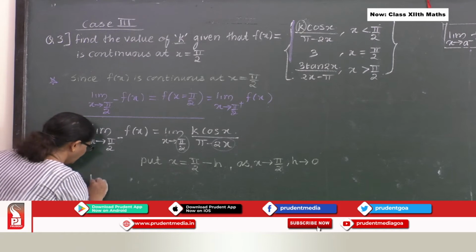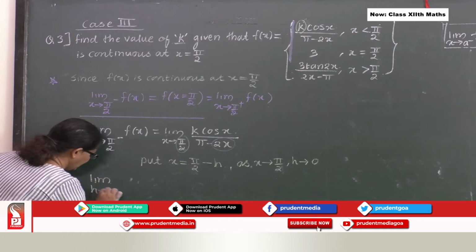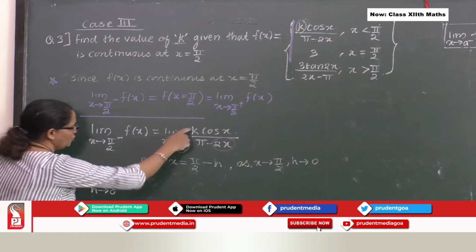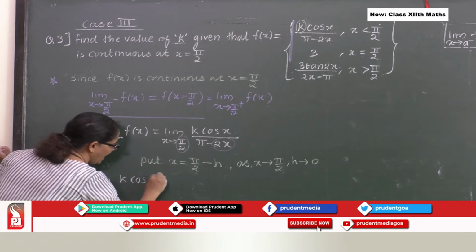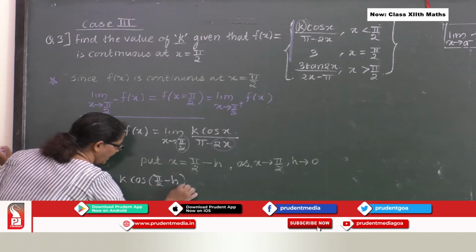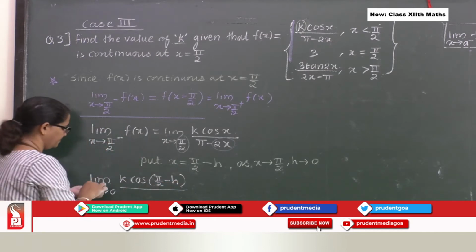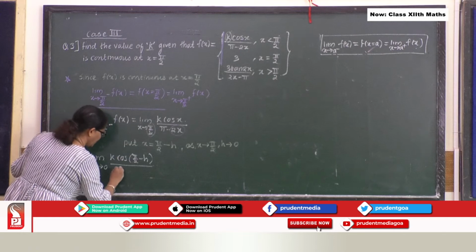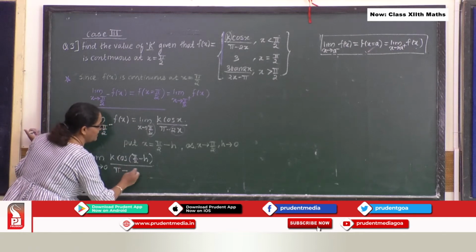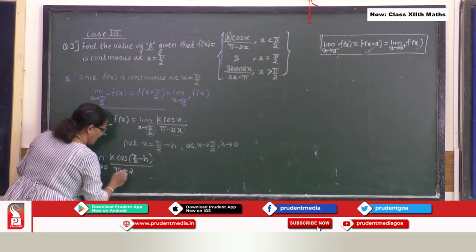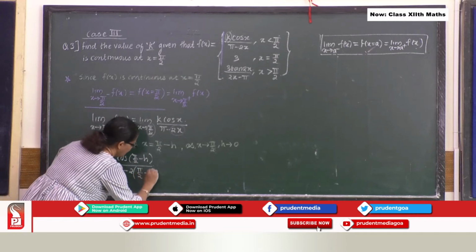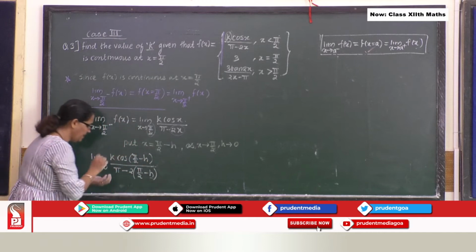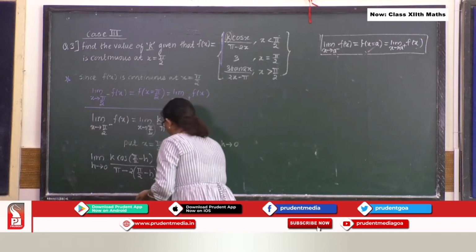With my substitution, let me proceed. I say limit h tends to 0 of k times cos of pi by 2 minus h upon, substituting here, pi minus 2 times pi by 2 minus h. Be careful over here what is happening.